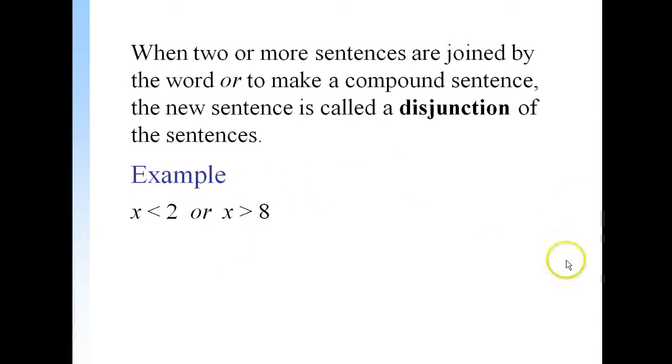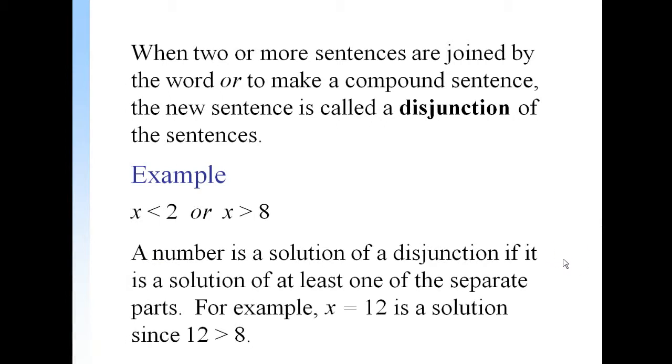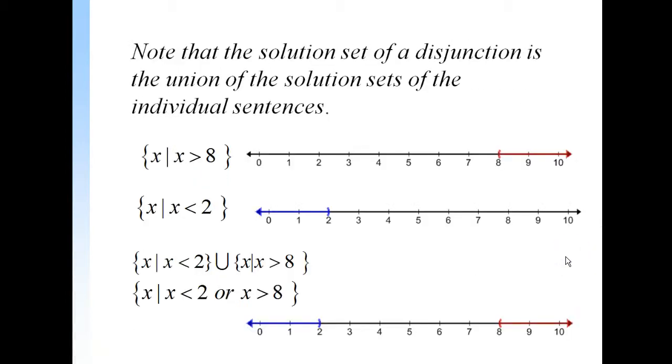Let's see how they're going to do it. I probably should have looked at it first here. Okay. And notice these are the two sentences, and you put them together. Since they don't connect all the way, it's a disjunction, but it is a union because they do go together.